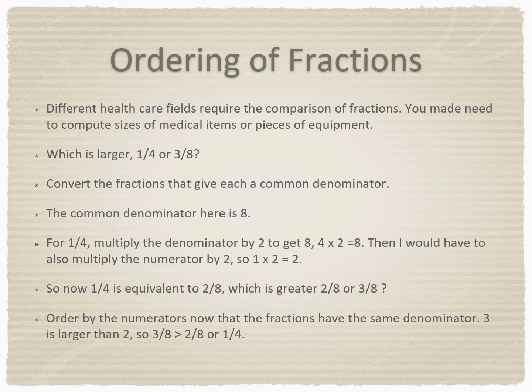I have another problem here, and I'm going to write down the fractions up here. This is from page 51. So we have 1/4, 2/9, and the other one is 4 over 12.